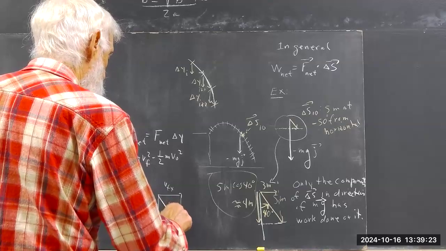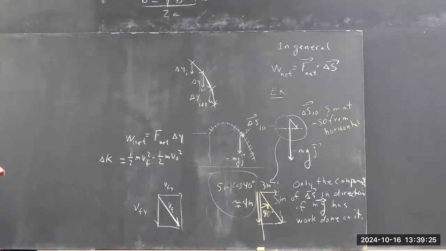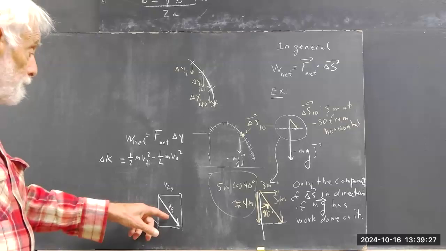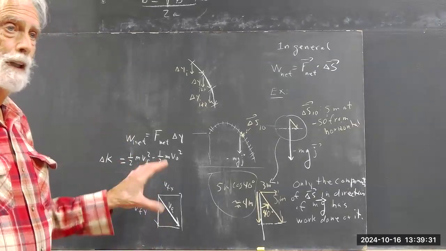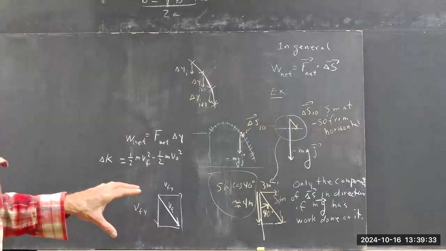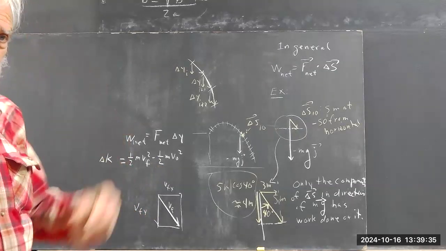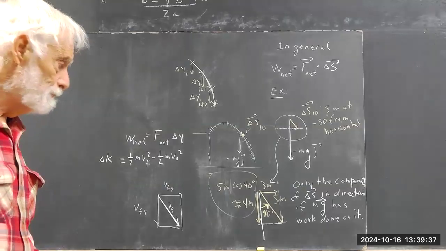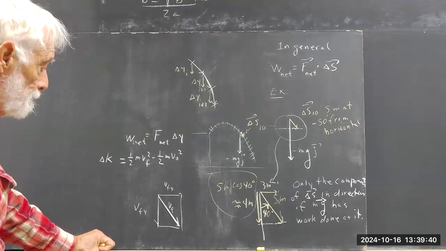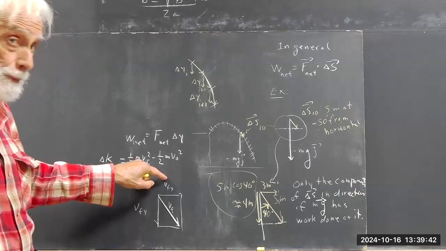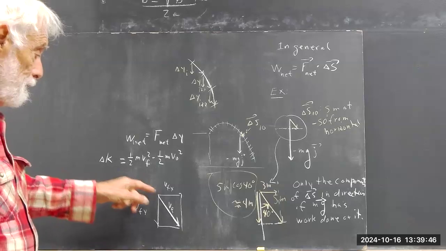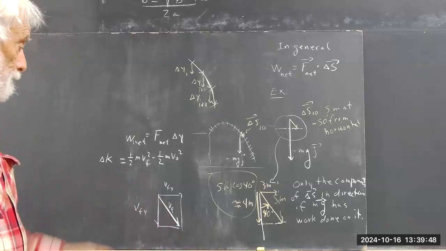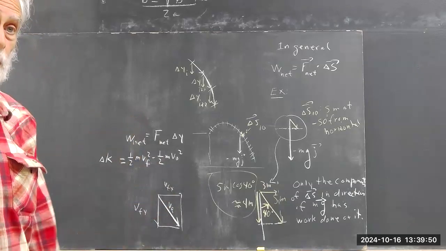Here's your VF. VF squared equals VFY squared plus VFX squared. You just don't add this to this, because that gives you something that doesn't even have a physical interpretation.